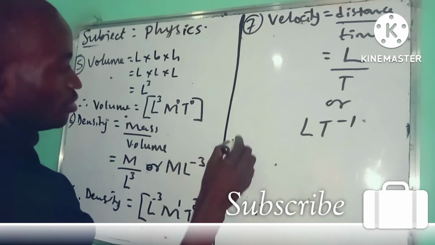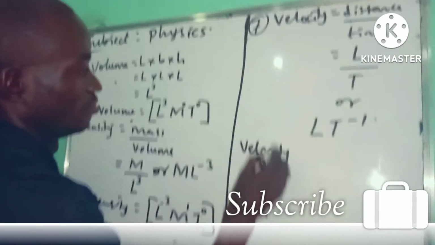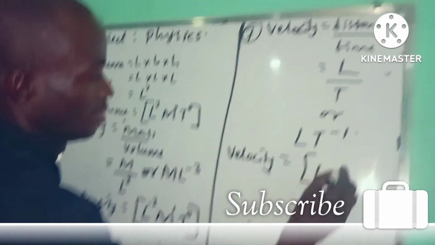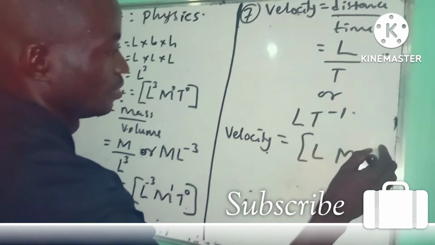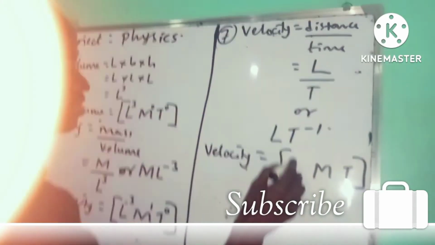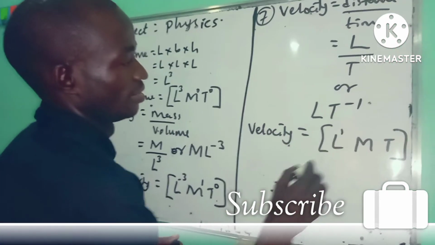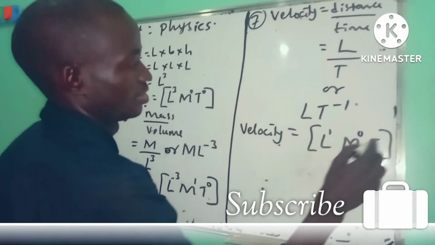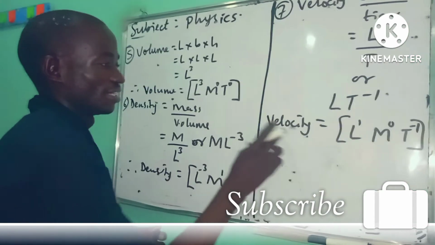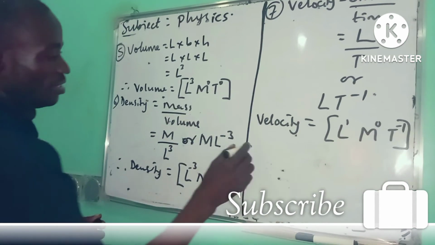So the dimension of velocity is written as L, M, T. L is present, you write 1. M is absent, T is minus 1. That's the dimension of velocity.